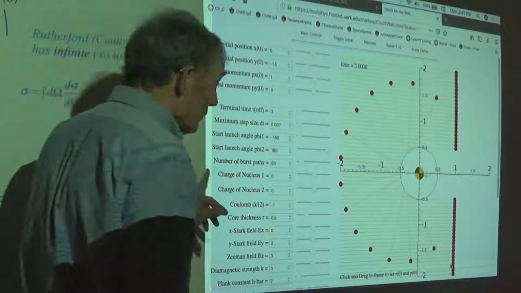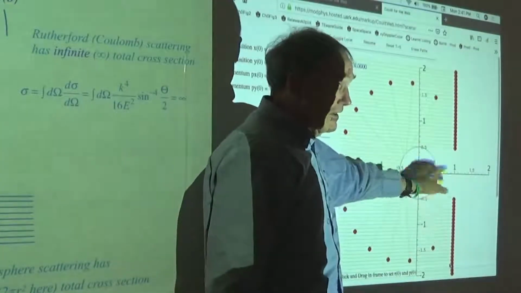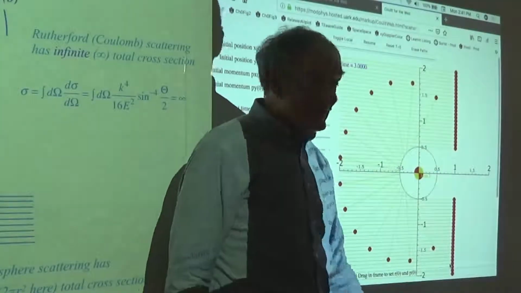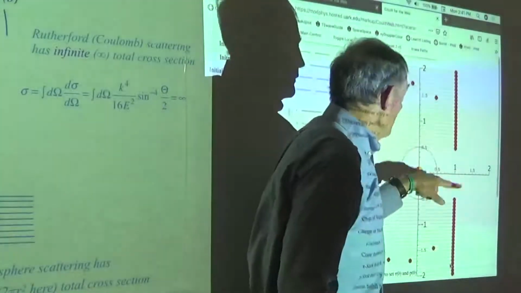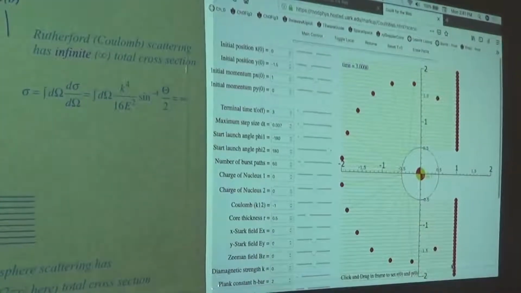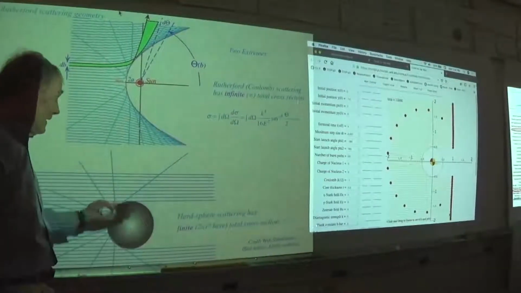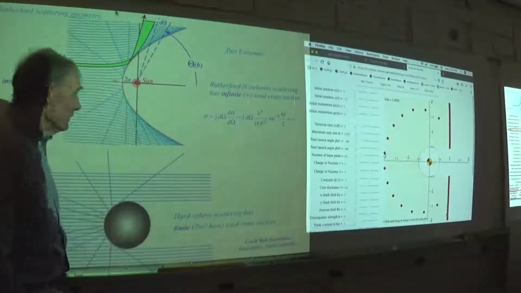But the total cross-section for this is exactly the area subtended by that sphere. And that's something that's interesting to do. If you want to try these formulas out for this, it turns out to be pi r squared, where r is the radius of the ball.